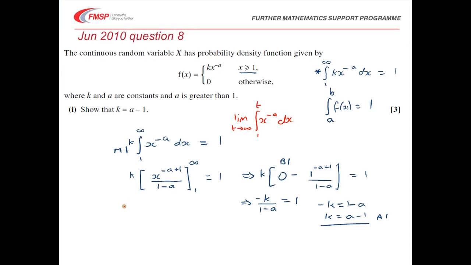And what's going to happen here is this becomes the limit as t tends to infinity of k, x to the minus a plus 1 over 1 minus a between 1 and t, and then eventually you end up getting back to this point here. So that's if you want to do it more fully, but that's all we're expected to do here.